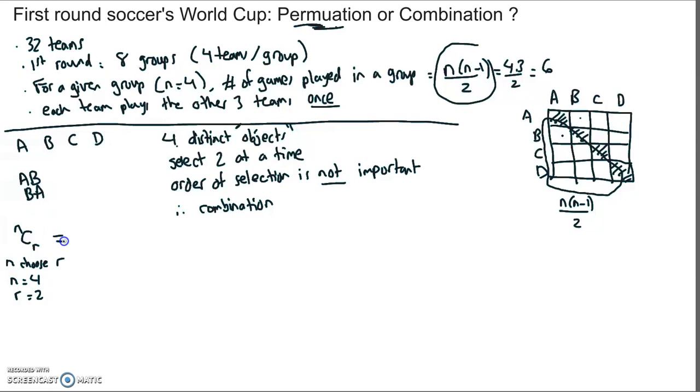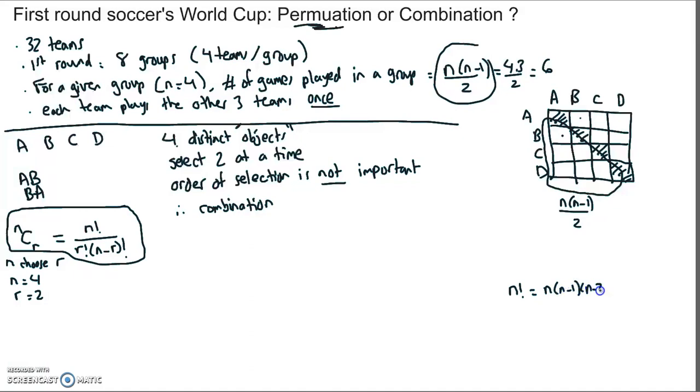So the general formula for nCr is factorial n divided by factorial r times factorial n minus r. This is the formula for choosing r out of a total of n. And if you're not familiar with factorial of a number, the factorial of a number n equals n times n minus 1 times n minus 2, and we keep on doing that until we get to 2 times 1.